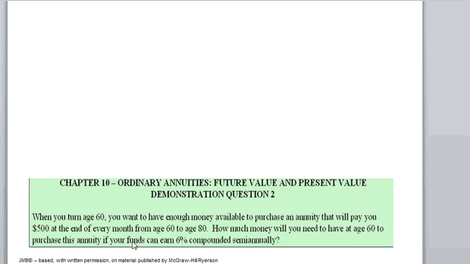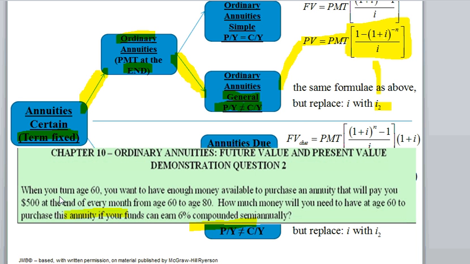So if we examine that, we'll have to figure out what type of annuity we're dealing with here. First we see that we've got a term certain, 20 years from 60 to 80. So that's an annuity certain because the term is fixed. Then the payments of $500 are going to be at the end of every month, so that's an ordinary annuity.